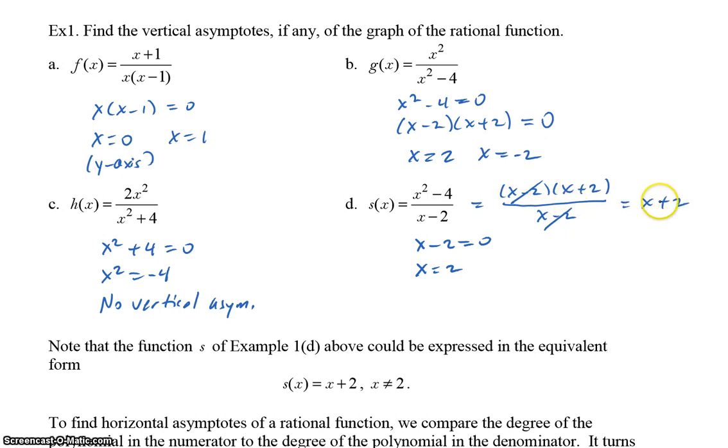It doesn't even look like a rational function anymore. Again, this is assuming x is not equal to 2, that we can cancel the factors in this fashion. So because the only 0 of the denominator also causes the numerator to equal 0, again, this function has no vertical asymptote.